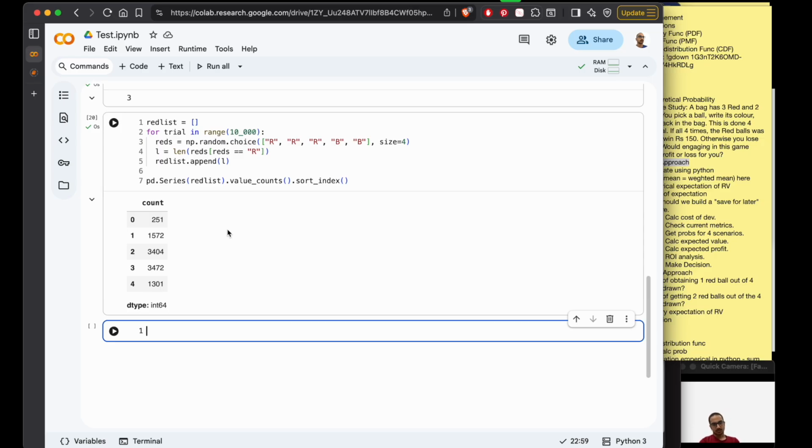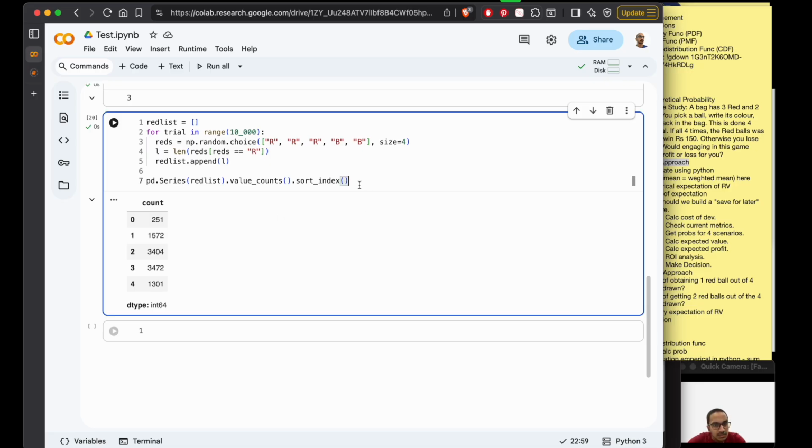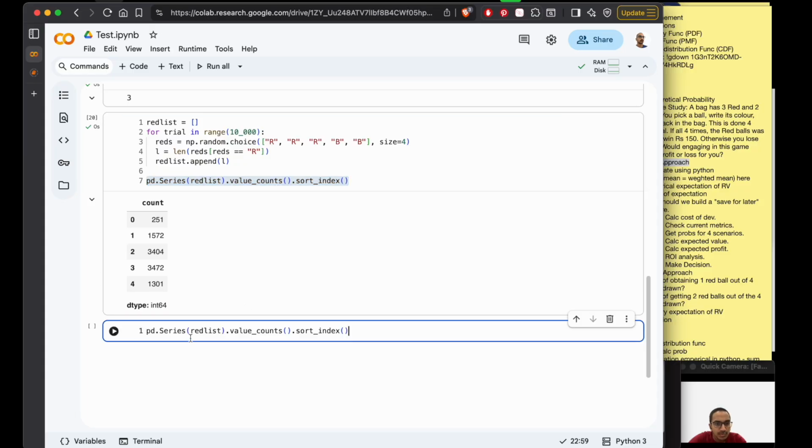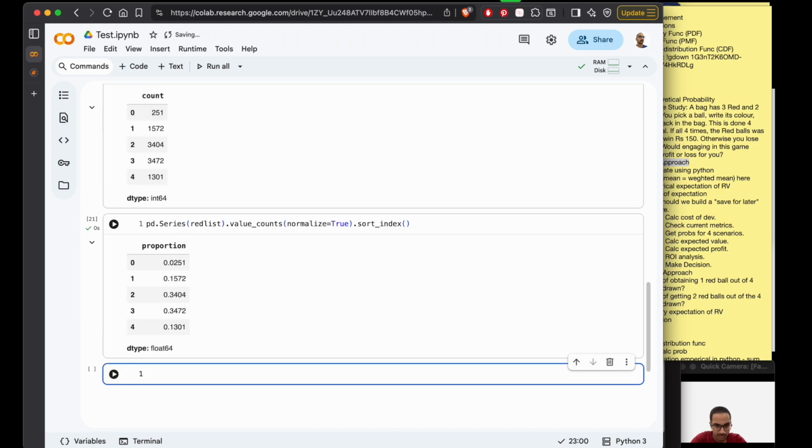So now what we can do is we will do a normalize just to see the percentages. There is a keyword called normalize, which will give us the percentage.